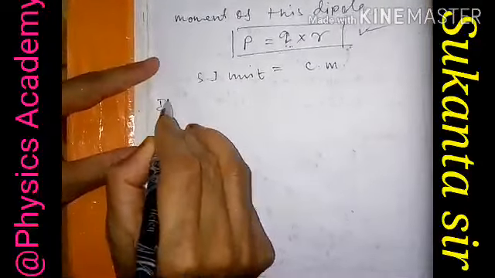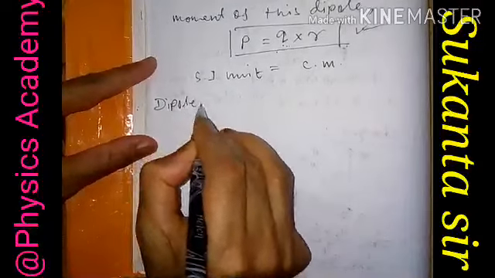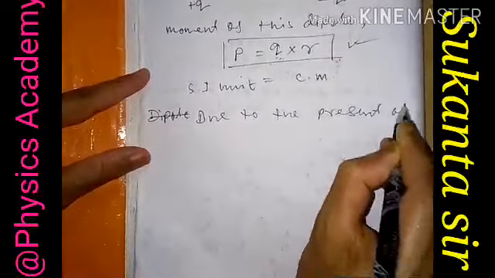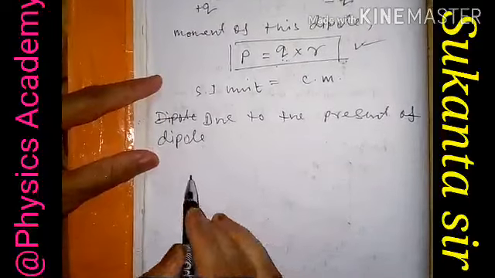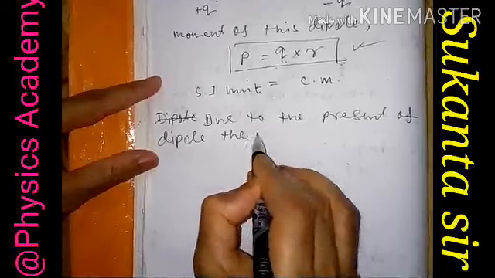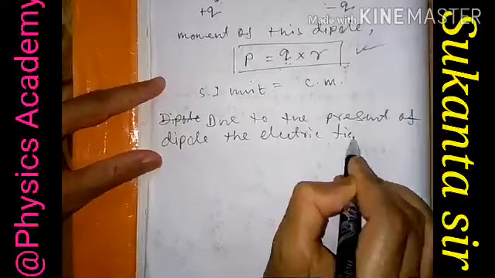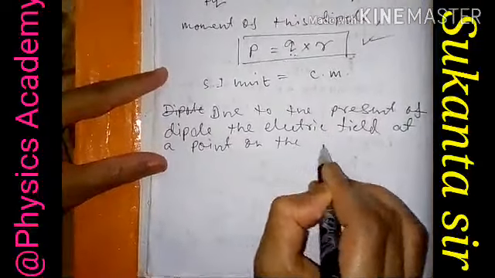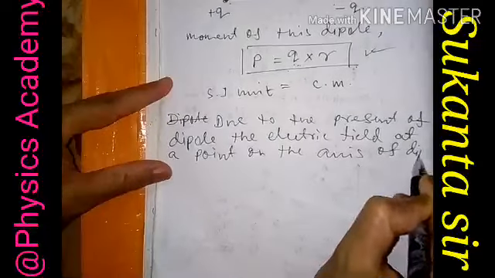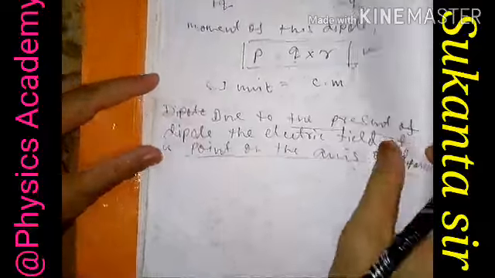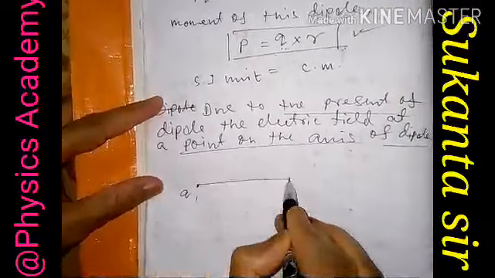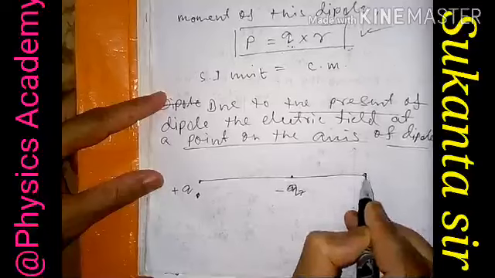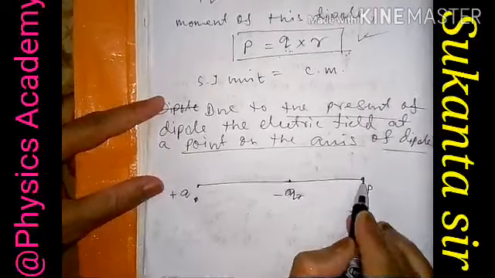Now, due to the presence of the dipole, the electric field at a point on the axis of the dipole, with plus q and minus q, two charges, we find at this point P the electric field intensity.